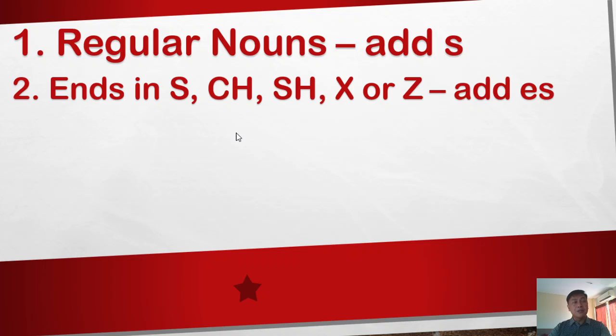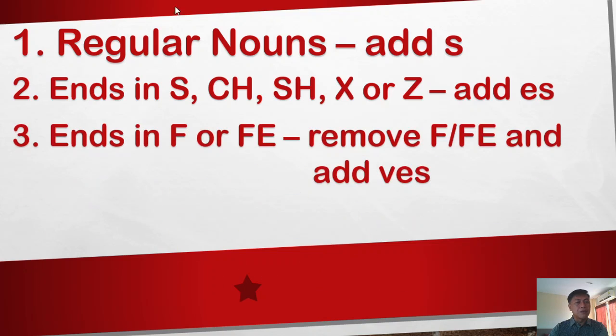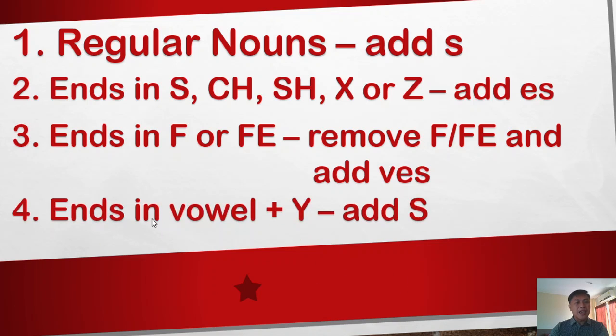Just remember these nine things in making plural nouns so you will not be confused. Number three, if the word ends with F or FE, remove the F or FE and add VES.